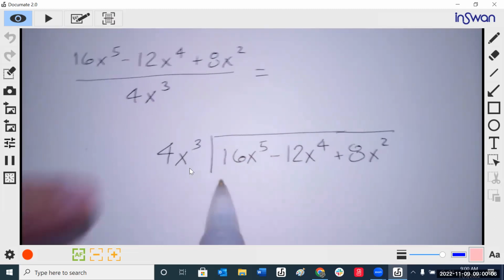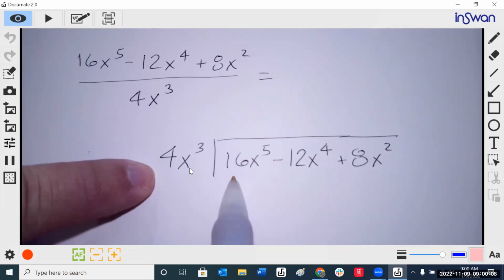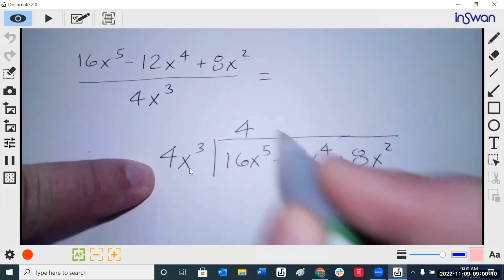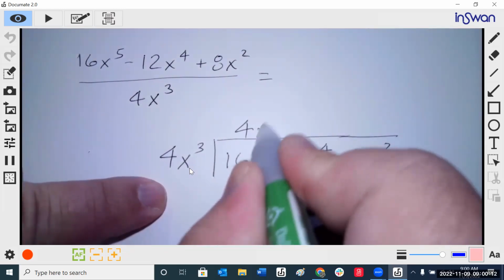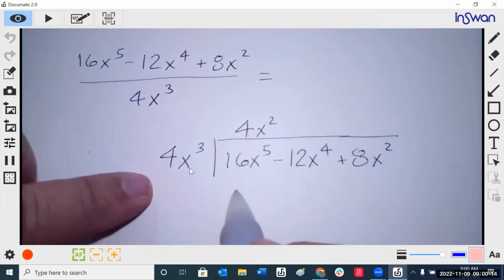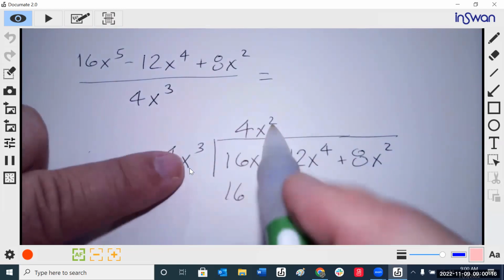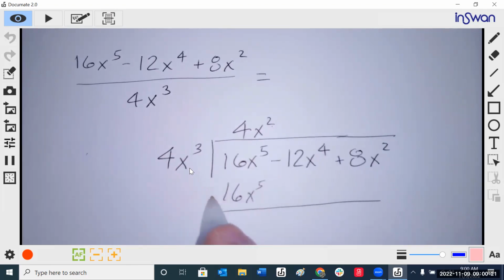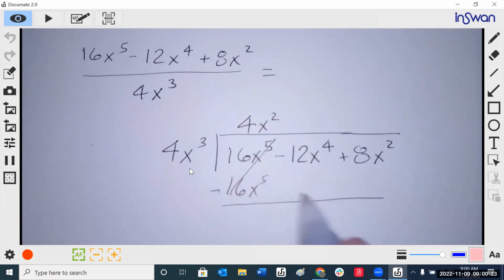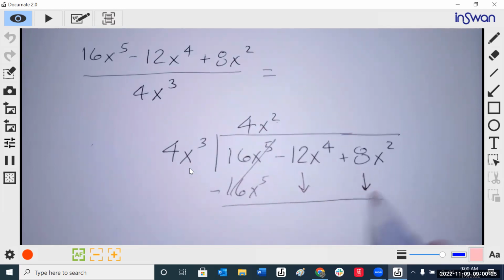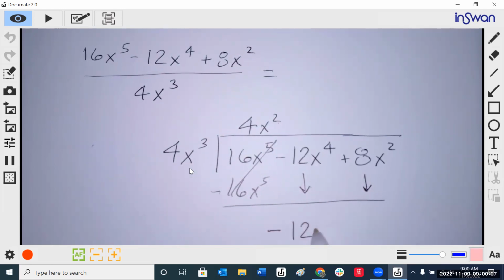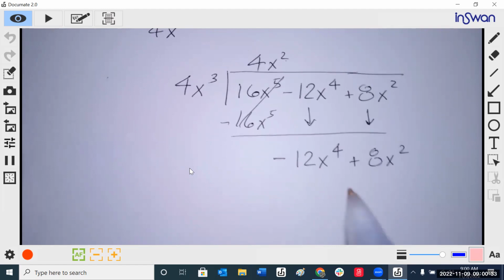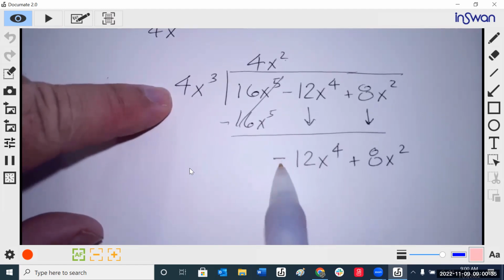All right, so what times 4 gives me 16? How many more x's do we need? 4 times 4 is 16. 2 plus 3 is 5. Change the sign and add. So it gives me negative 12x to the 4th plus 8x squared. Positive times negative is negative.